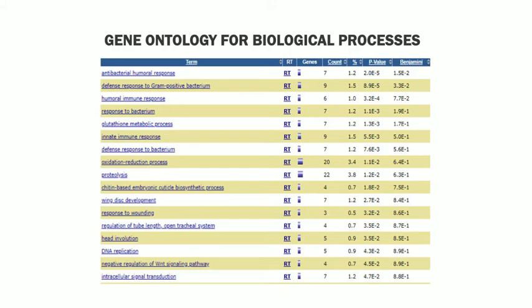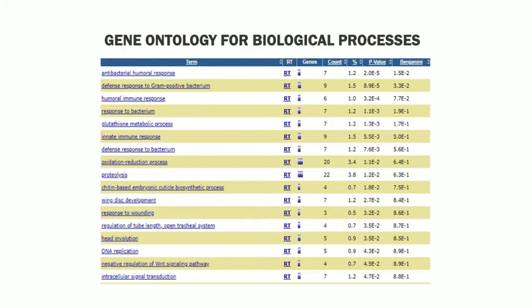Gene ontology for biological processes shows that most of the differentially expressed genes are involved in immune response related processes. As you can see here, antibacterial humoral responses, defense response to gram-positive bacterium, humoral immune response, response to bacterium, innate immune response, defense response to bacterium.